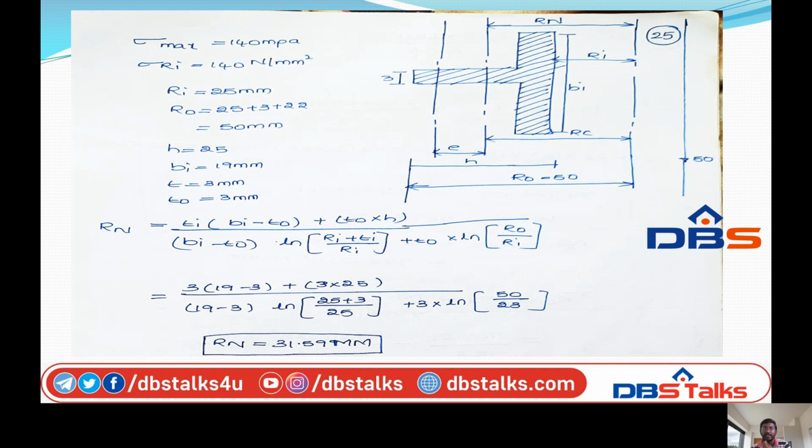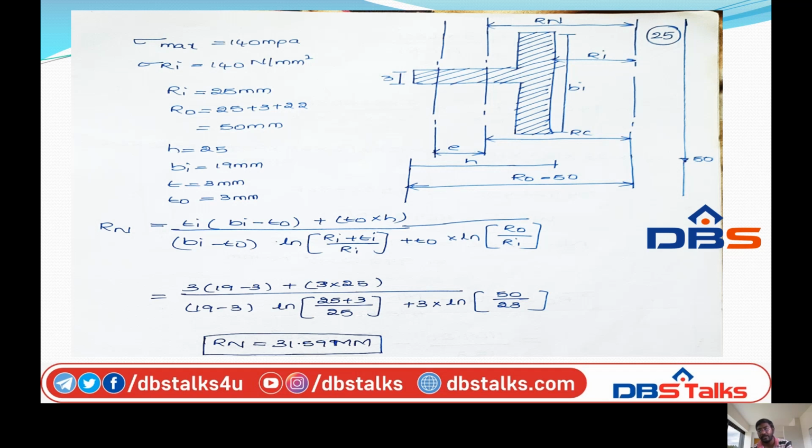Next Ci, the distance between inner fiber to neutral axis. C naught, the distance between neutral axis to outer fiber. The total height of the T section is H, which is already given in the problem.